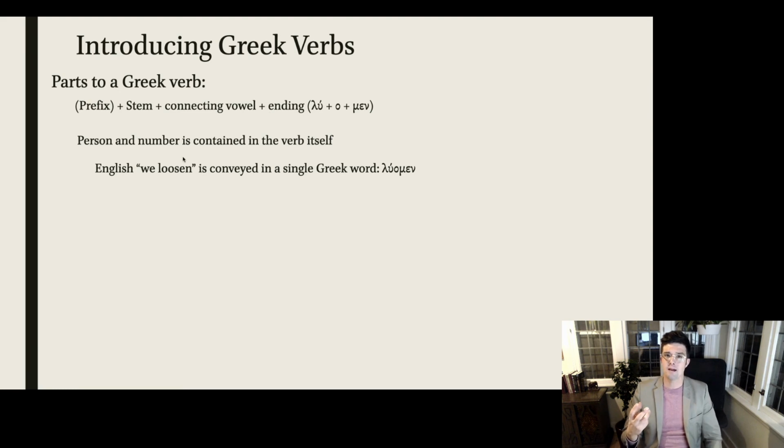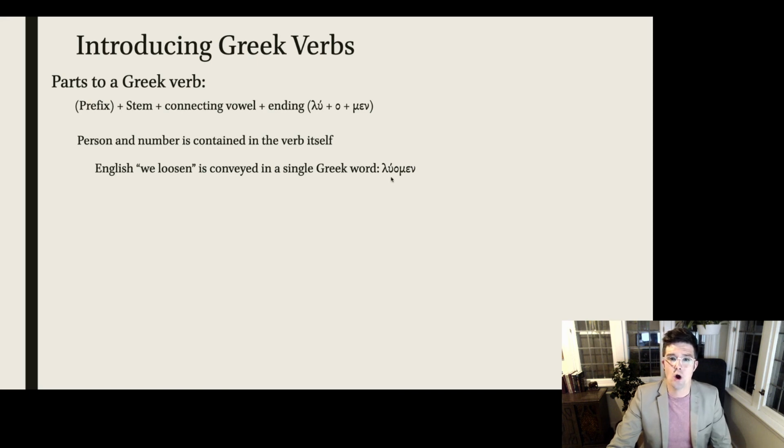Usually in English, because English is not a highly inflected language, we use a personal pronoun to indicate the person and number of a verb. So in the example, we loosen, we is necessary to know who is doing the action of the verb. Whereas in Greek, we loosen is indicated in one word, lou-omen. We'll look more closely at Greek verbs next week in these different parts.